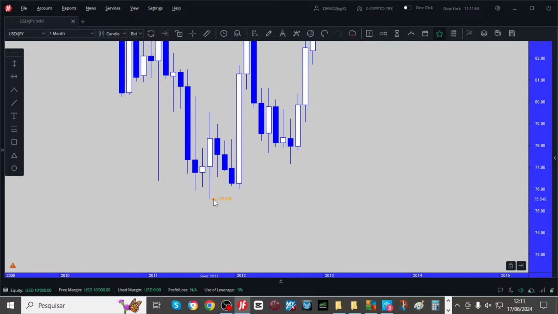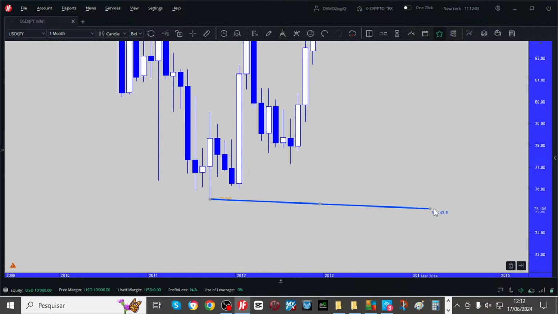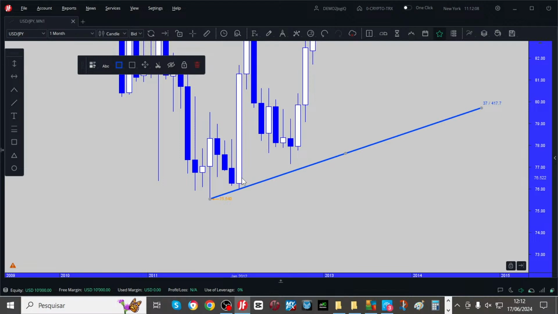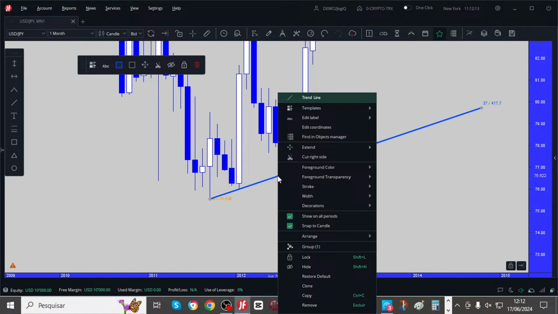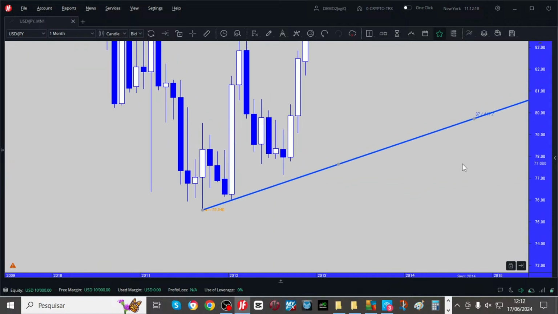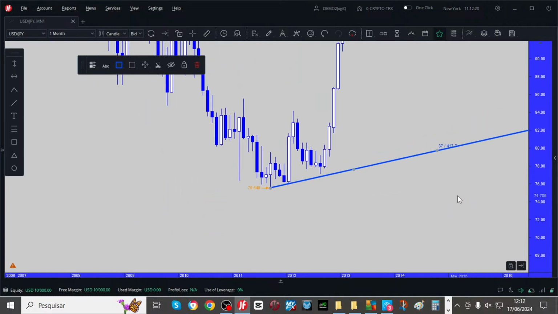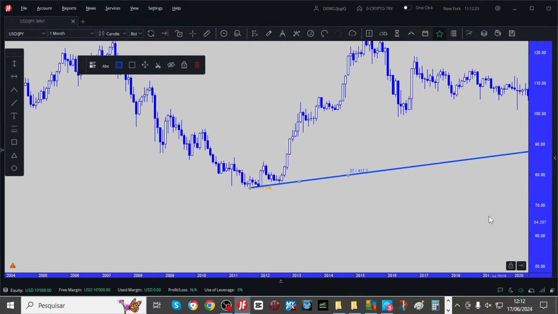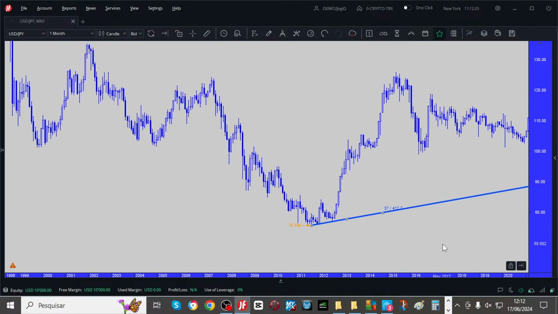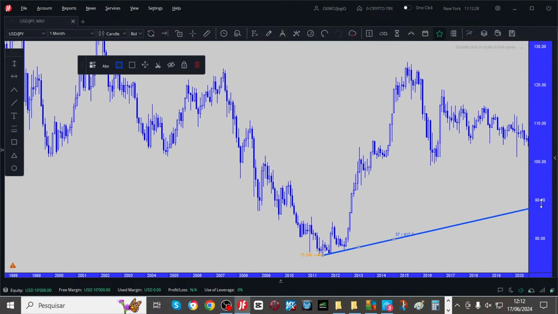So this is the lowest low, this is the absolute low, this is the starting point. And now I'm going to click on this low and move it like this. We've learned on Friday that we cannot break tails and bodies. And I'm going to right click on it and extend on the right side. So if I zoom out, this was the picture before.